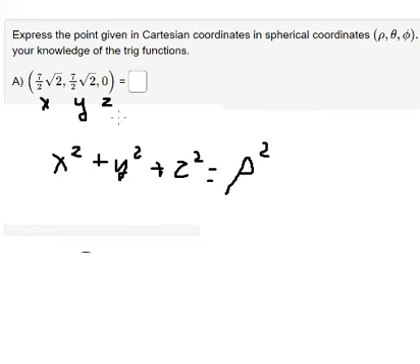Now we have x, y, z. So we put the numbers going here, this one going here, and this one going here.